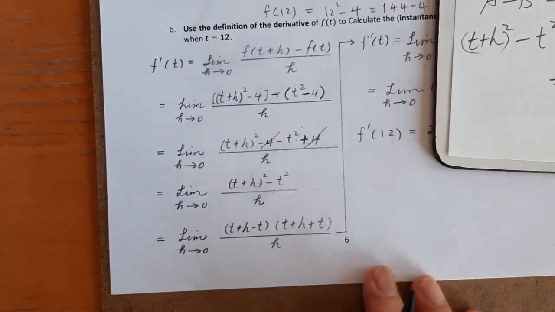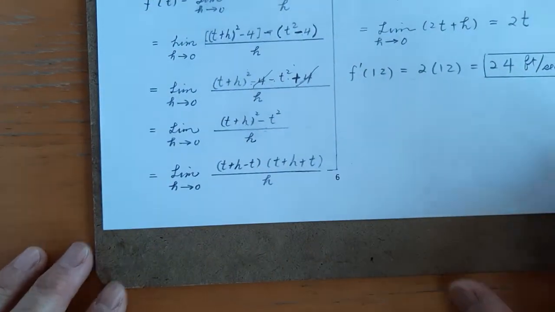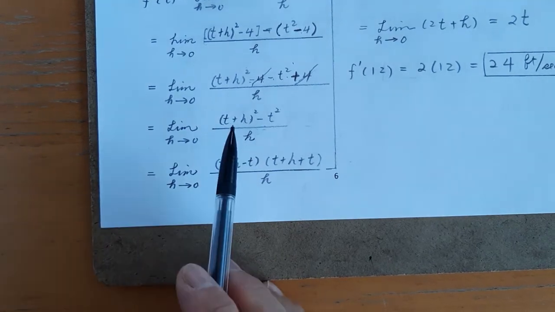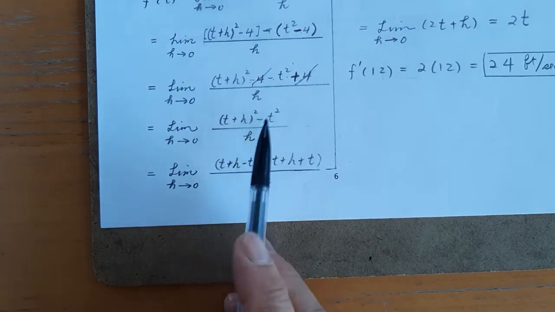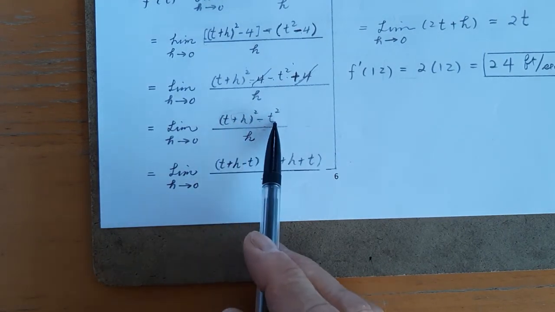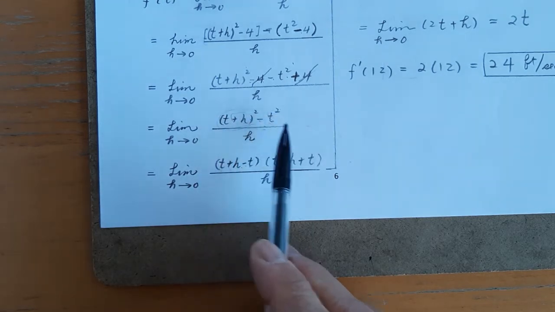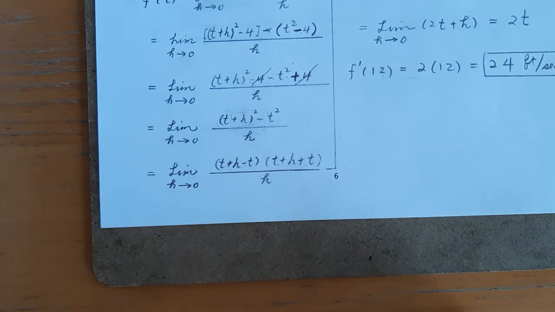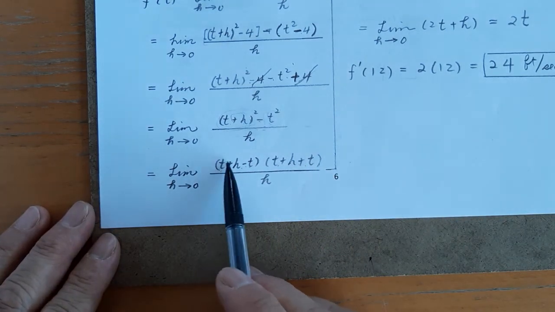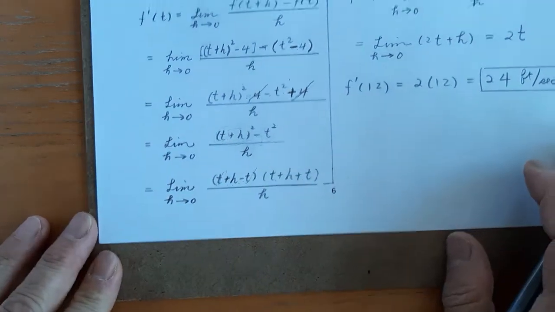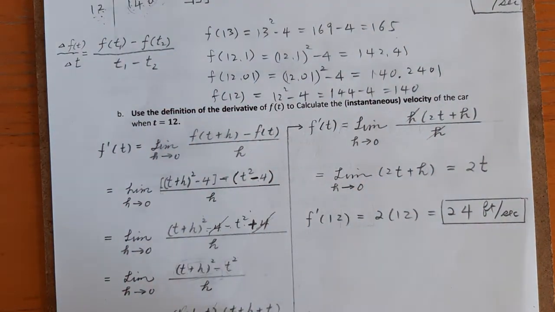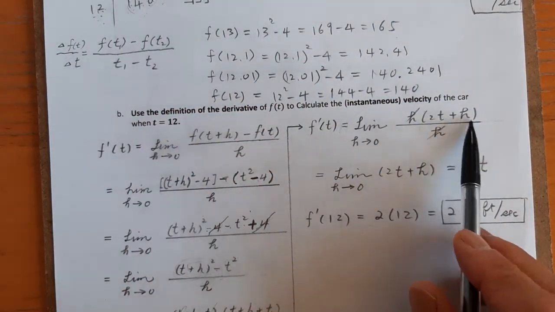So t plus h squared minus t squared equals a minus b, which is t plus h minus t, times a plus b, which is t plus h plus t. Simplify: t minus t is 0, so we get h, and t plus t is 2t, plus h.